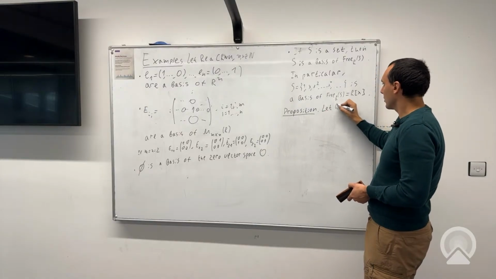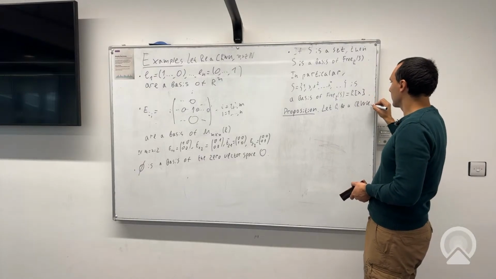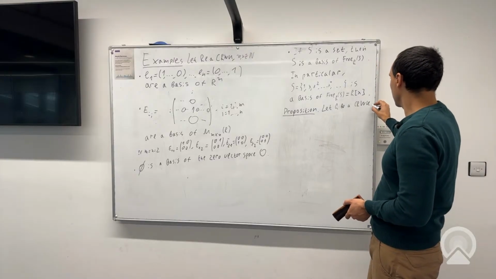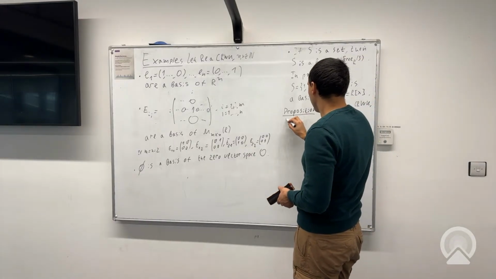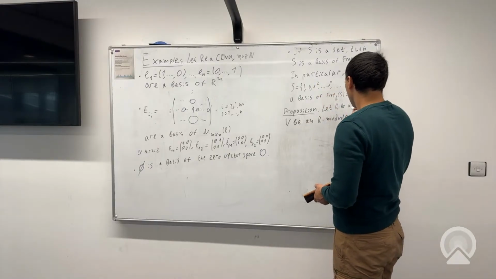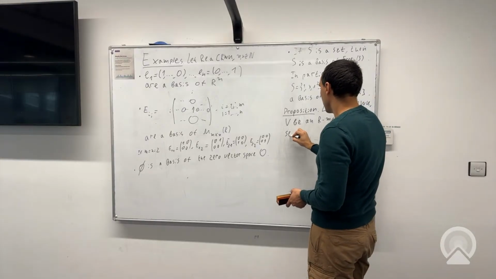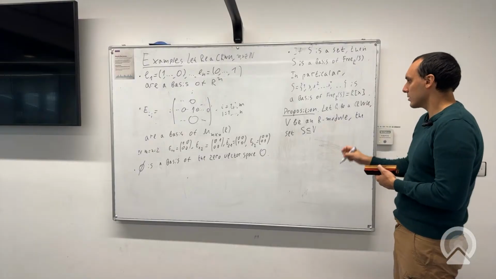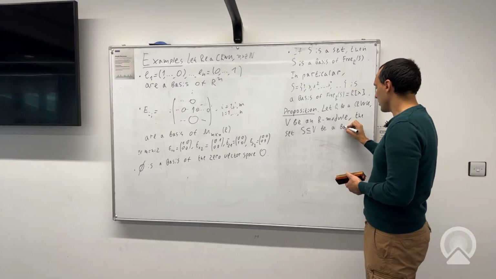Let R be a commutative ring with unity, and V be an R-module, and let the set S, a subset of V, a set of vectors, be a basis.